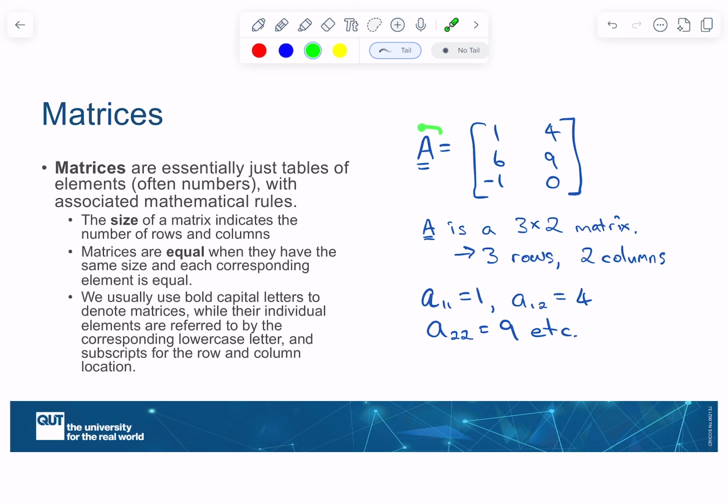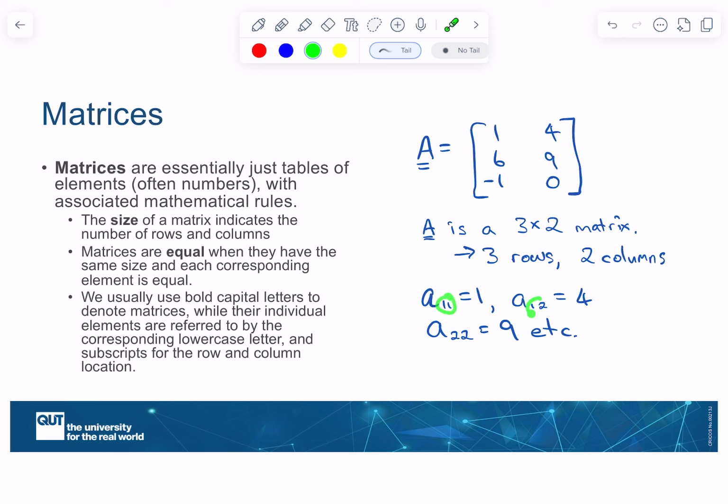Generally, when we're writing a matrix, we give it a letter to represent it. Usually it's a capital, and we use this double underline to represent that it's a matrix, as opposed to just a regular old number. Now, the things inside the matrix, the numbers in this case, are referred to as elements of the matrix. And we refer to them using the lowercase version of the letter that's used for the matrix.